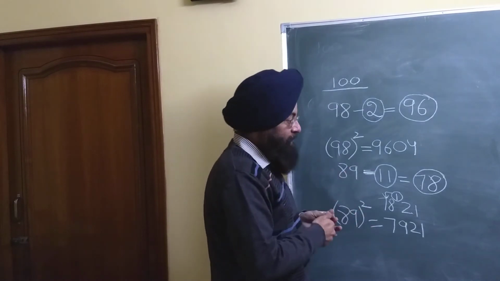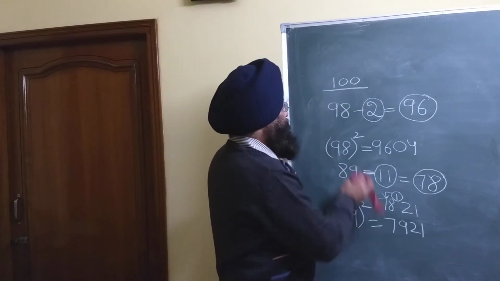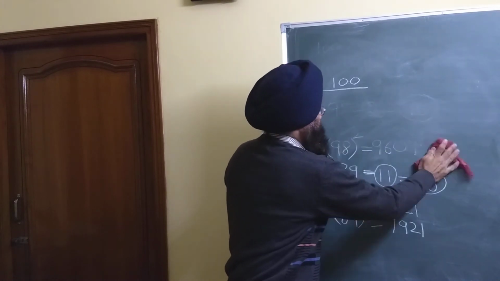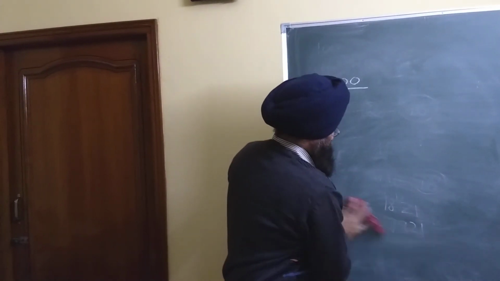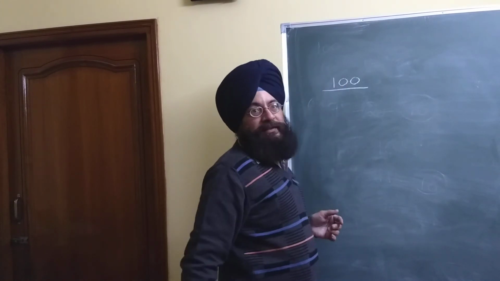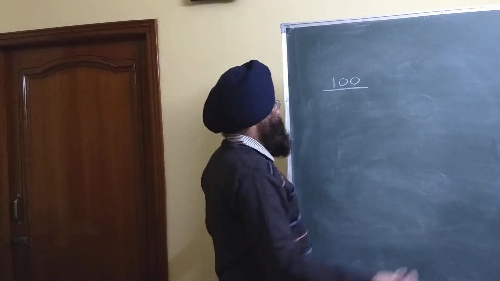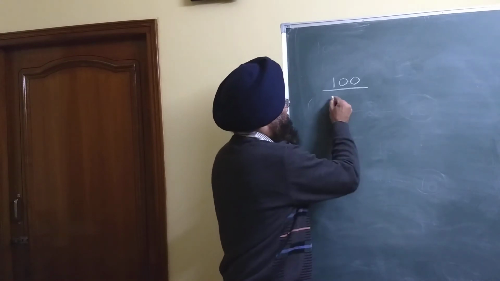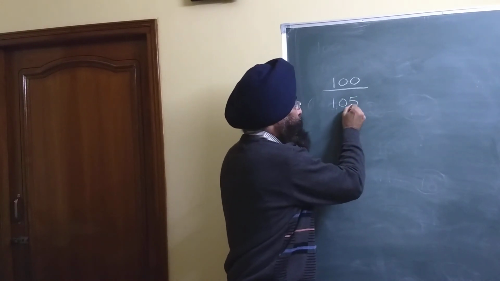So this is the case when the number is smaller than 100. Now let us take up the second case, when the number is higher than 100. Again we'll be taking one example, let us say 105.